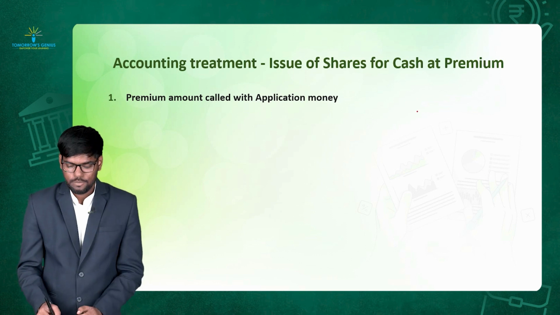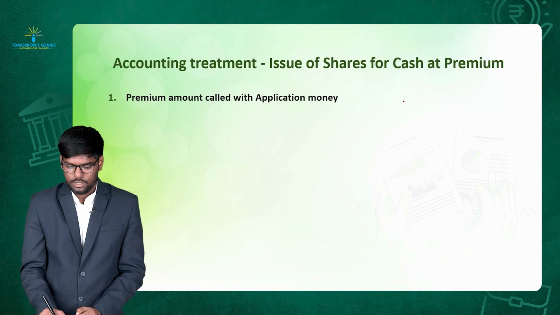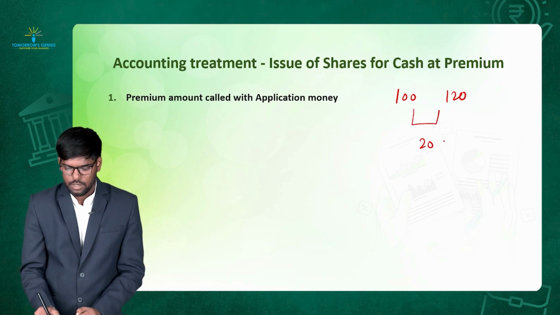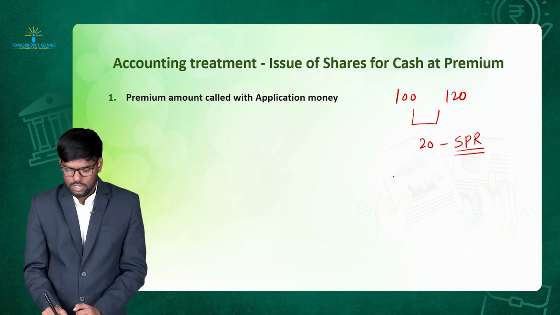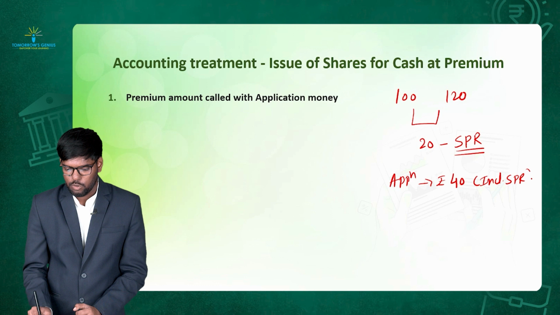So for example, if the company is issuing one share of rupees 100 at rupees 120, so here 20 rupees is nothing but securities premium reserve, and the company is saying you have to pay at the time of application rupees 40, including securities premium reserve amount.